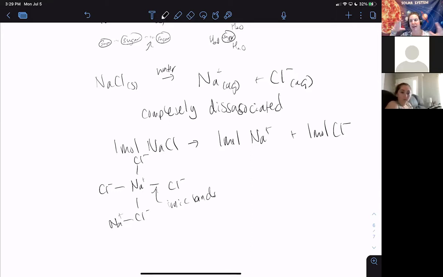And it's this 3-dimensional structure that's a bunch of bonds. And then as you dissolve, you produce these ions that are surrounded by water molecules. A solvation sphere.